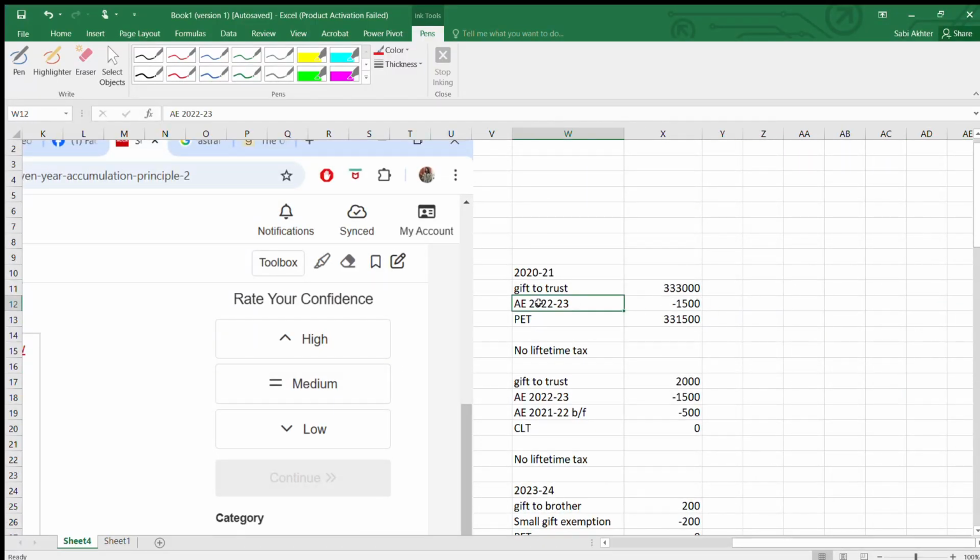So here we have 2020-21, 3,000, and the brought forward balance from the previous year, 2019-20, brought forward 3,000.